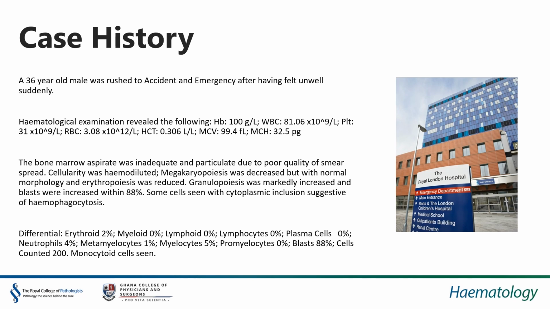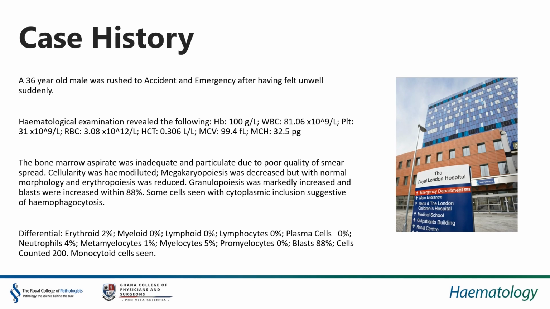Granulopoiesis was markedly increased, and the blasts were increased, and when a manual differential was performed, came out at 88%. Some of the cells seen had cytoplasmic inclusions suggestive of hemophagocytosis, and you can see the differential there of the bone marrow. 200 cells were counted with 88% blasts, with monocytoid cells seen.